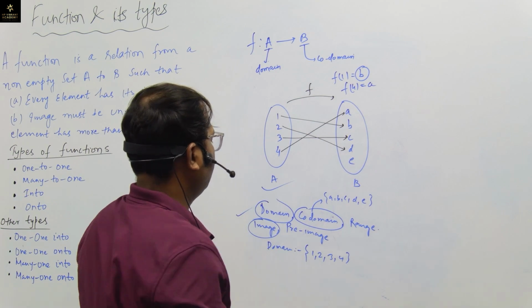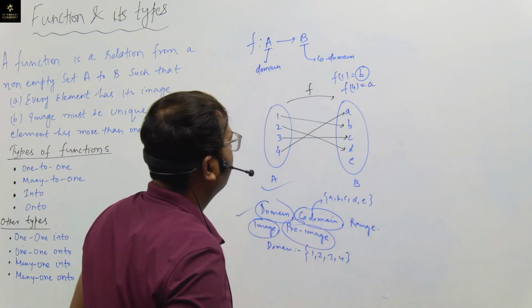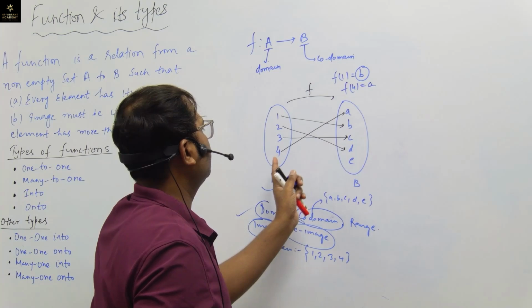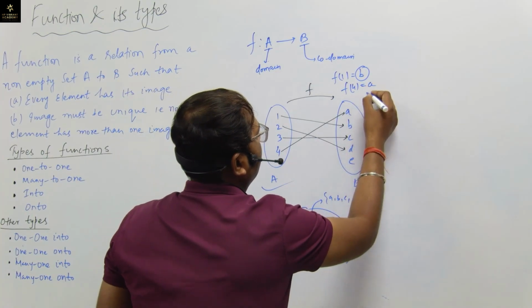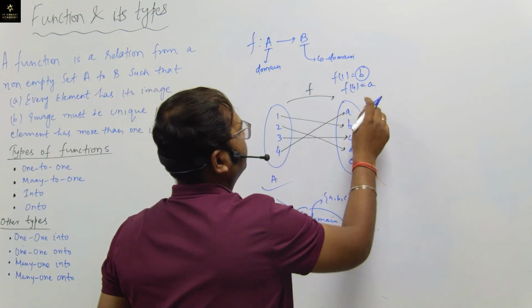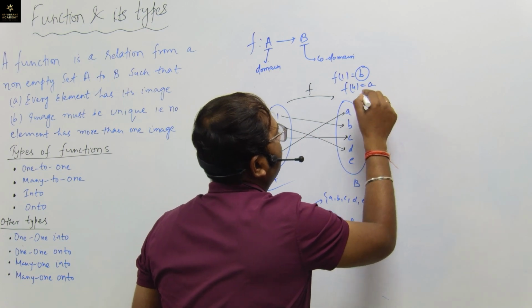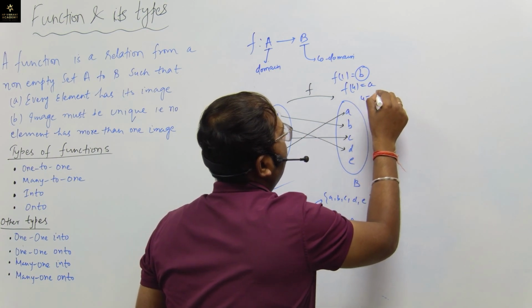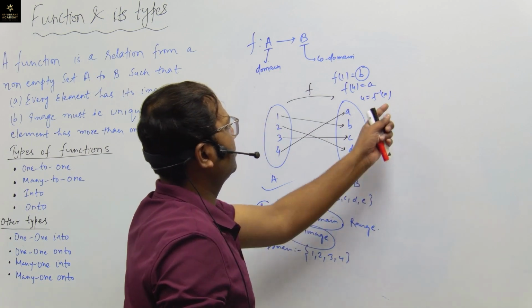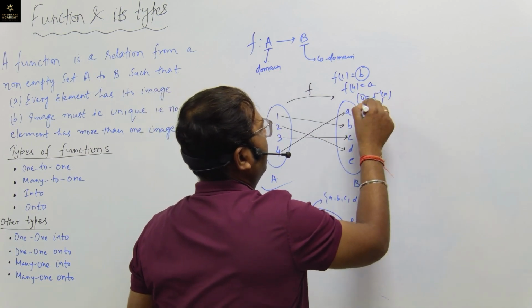So this is our image. What is pre-image? What will be the pre-image of a? The pre-image of a will be 4. We can write this as 4 is equal to f inverse of a. So 4 is the pre-image of element a.